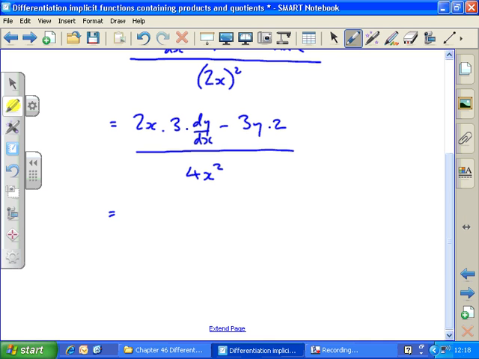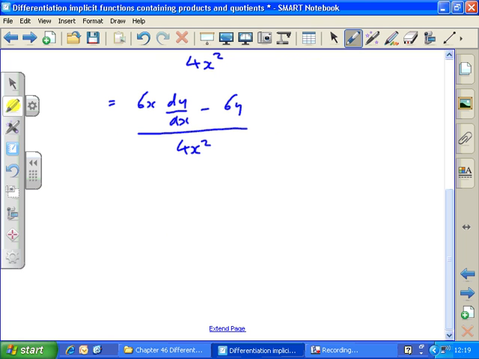Tidying up now, 3 times 2 is 6x dy by dx minus 6y all over 4x squared. And it's well worth factorizing here because we can then do a bit of cancelling top and bottom.